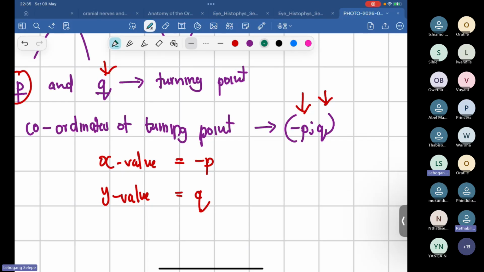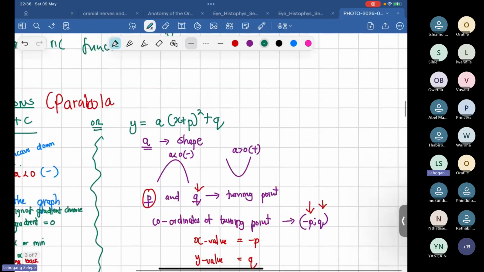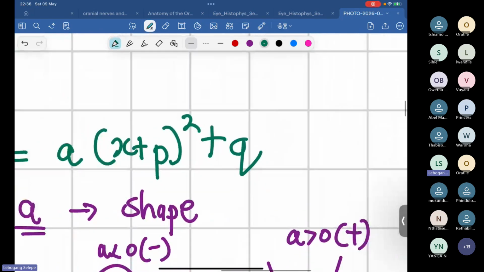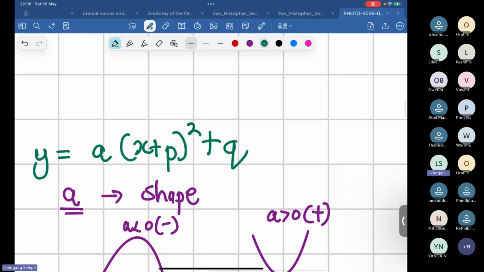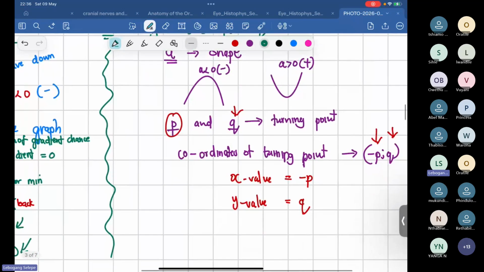So always, when you look at the equation in this format, just know that when I want to write down the coordinates of the turning point, I change the sign of the number that is inside the bracket to find the x coordinate of the turning point. And then the y coordinate is just going to be q as it is. Are you fine? Okay, ma'am. Thank you. Right, no worries.